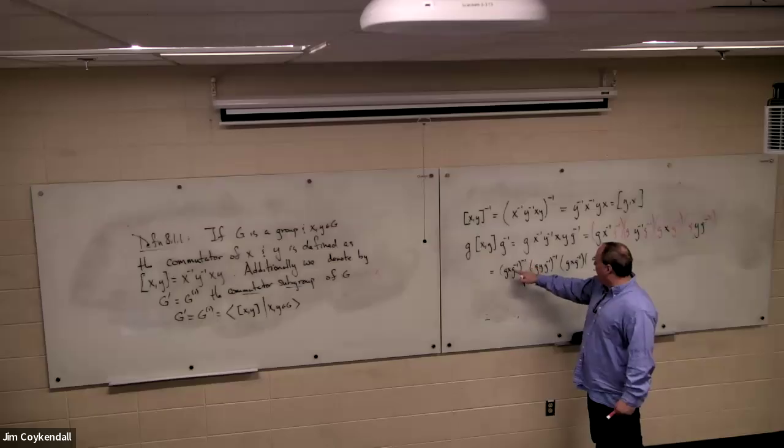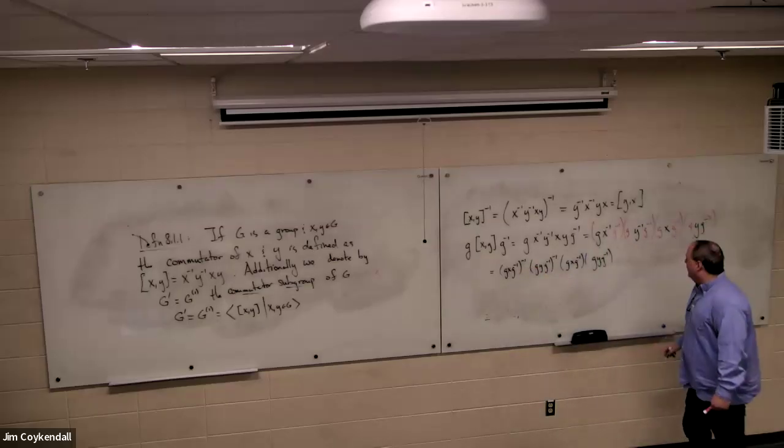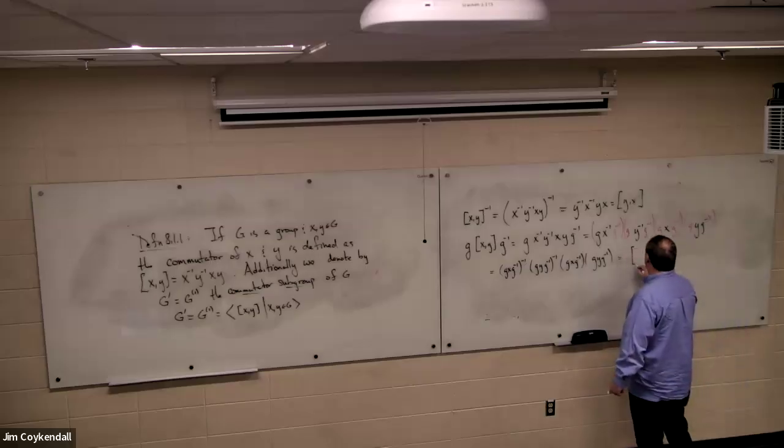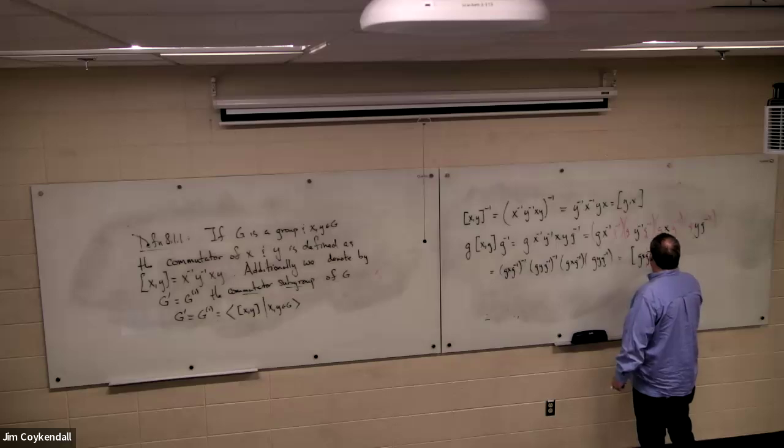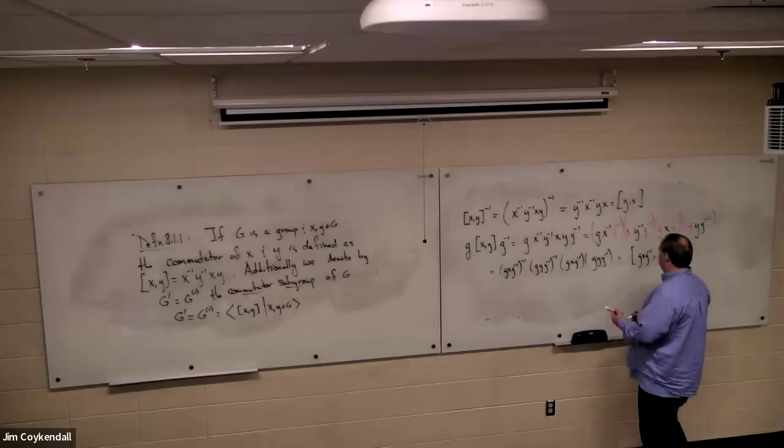Because if I invert this, I get G x inverse G inverse. And same here. So this is actually the commutator G x G inverse G y G inverse.